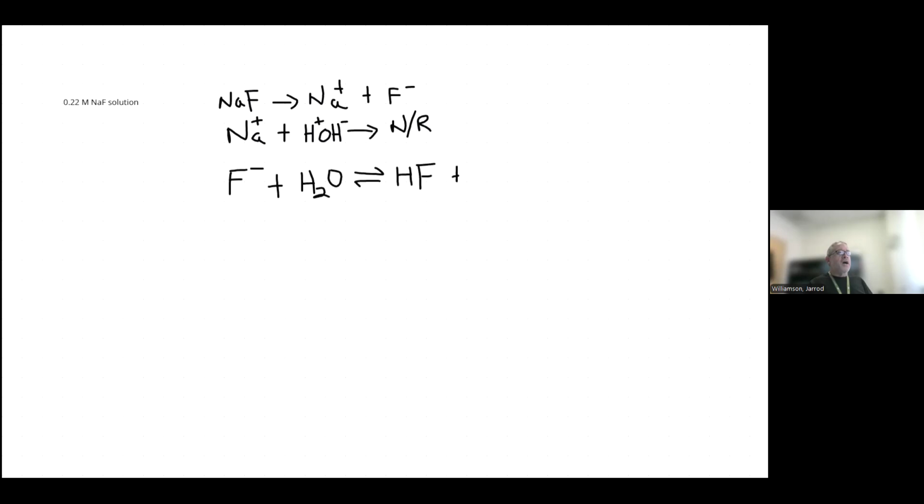This is what I should have done. And when I looked at it, I mentally auto-corrected and thought of it as hydrofluoric acid, not sodium fluoride. So now we make a nice chart out of this.